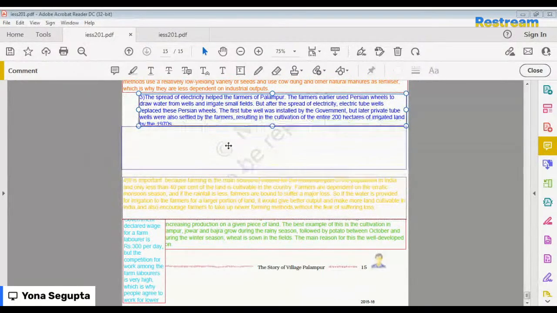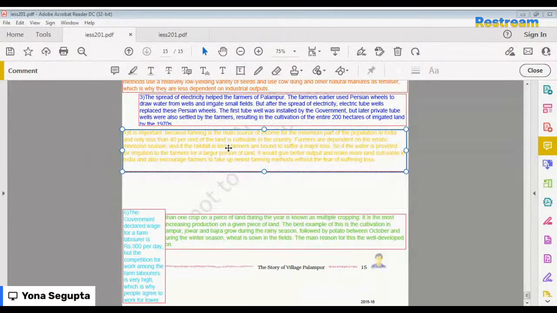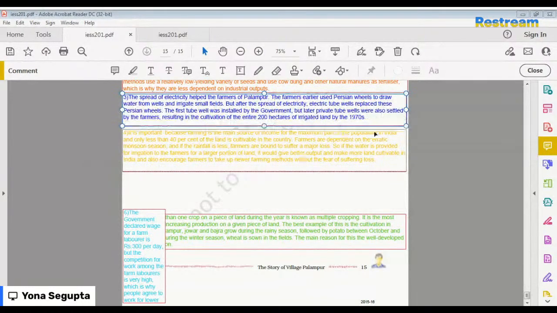After we have done till number 8, if you want to see the answer of number 8, this is the answer that has already been set here.